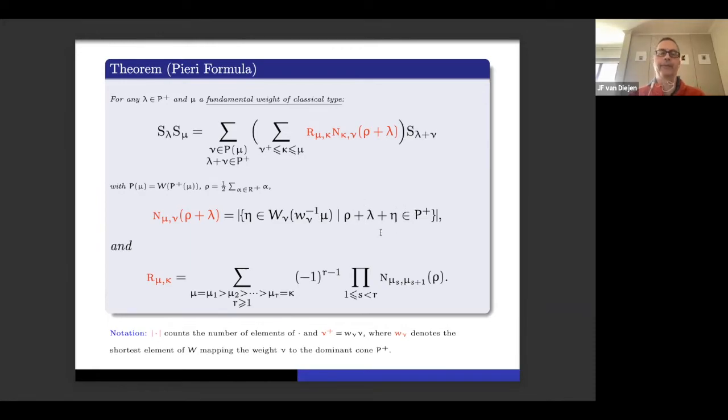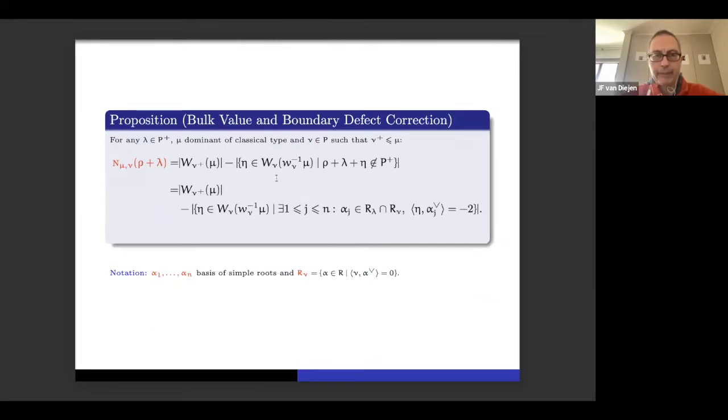What's happening is that if you compute the whole orbit, then you get what I call the bulk value, and the ones that you have to leave out are those where you end up outside the dominant cone, and this is what I call a boundary defect correction. Now it's very easy to compute this.